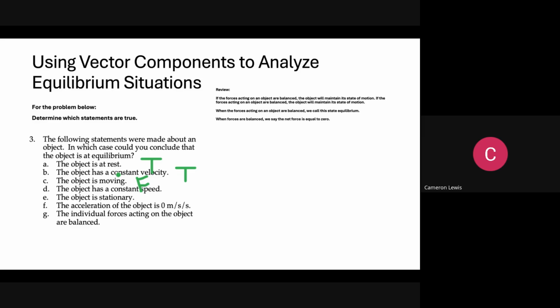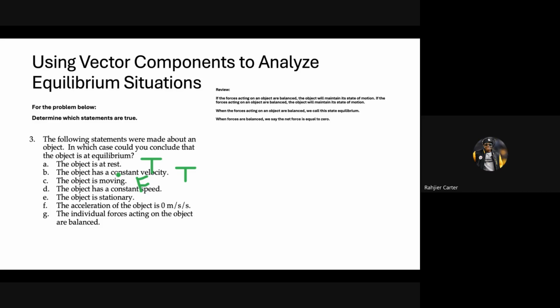Now, the object has a constant speed. Can we conclude that it's at equilibrium? Yes. Any objections? If an object is at constant speed, can we conclude that it's at an equilibrium? That's what I'm asking. No. I got a no and I got a yes. Someone break the tie.